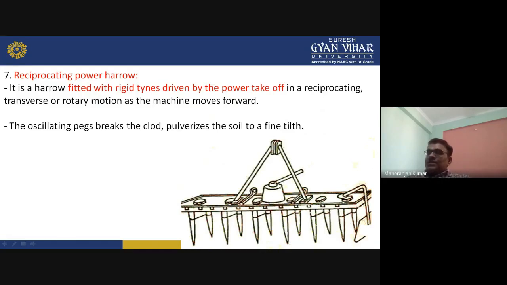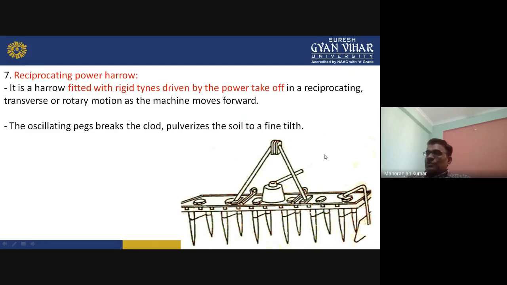It is moved in a reciprocating, transverse or rotary motion as the machine moves forward. With the help of the 3-point hinge, it is connected to the tractor, and this is connected to the PTO shaft.